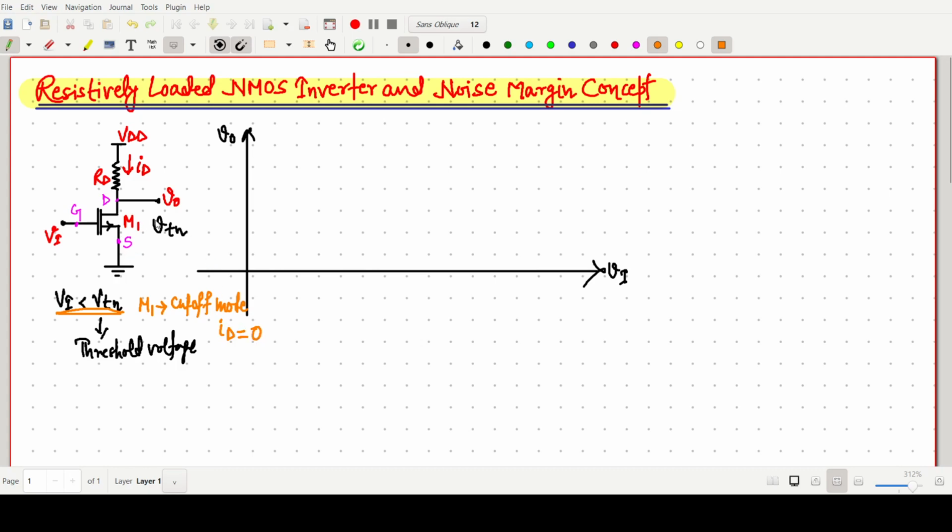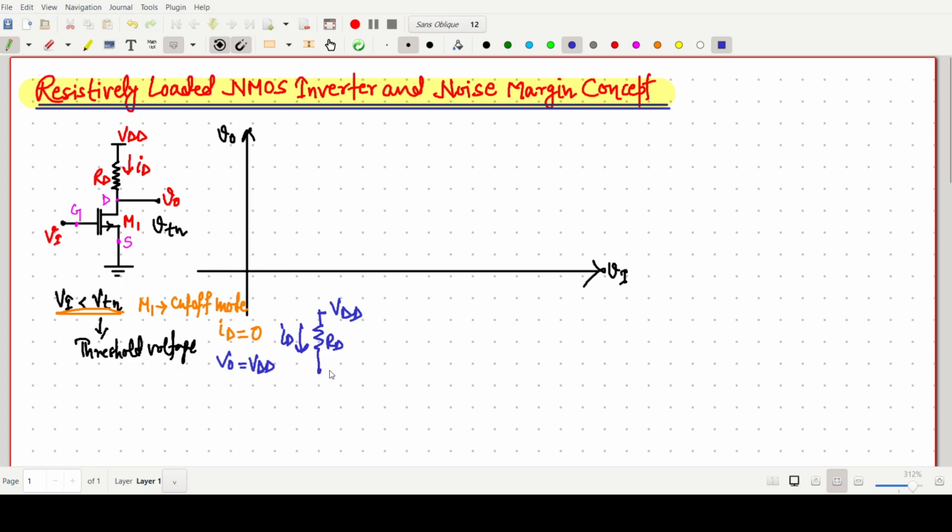Very simple. So we can easily identify that V naught value will be the same as VDD. Why? For this purpose, I am just redrawing the circuit. This one is VDD, this one is RD, and some current is flowing, say ID.